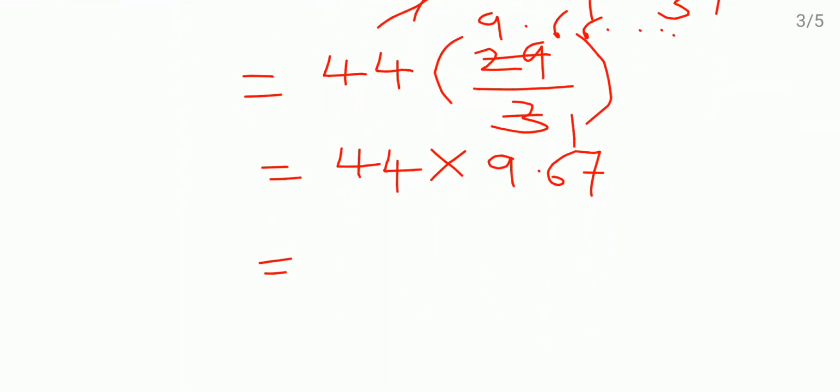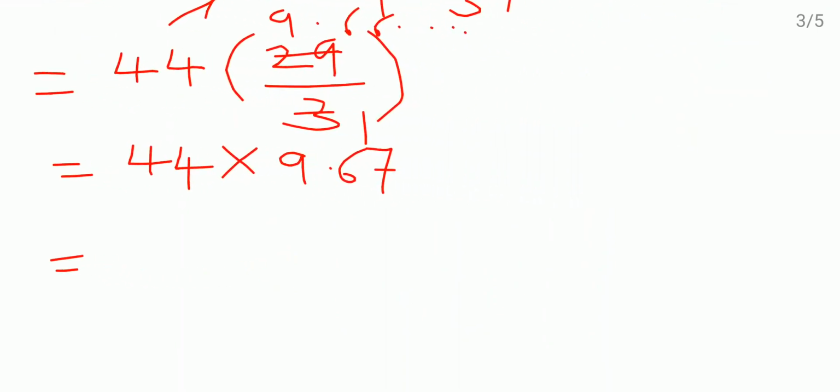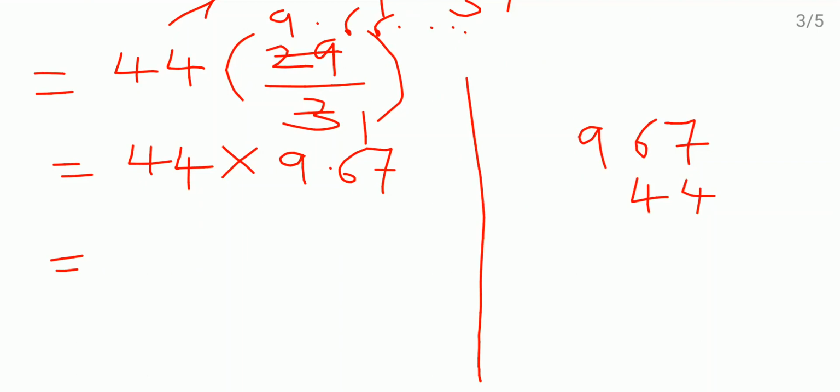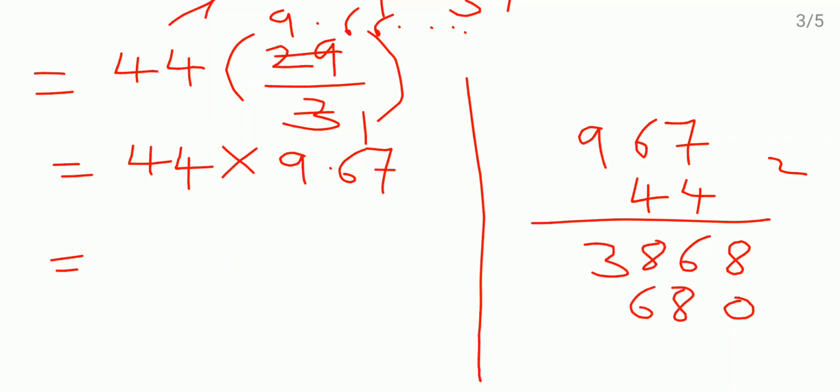So here, I'll show you the multiplication. 967 into 4. 7 fours are 28, 2 carries, 6 fours are 24 and 2 is 26, 9 fours are 36 and 2 is 38. Then 8 and 3.